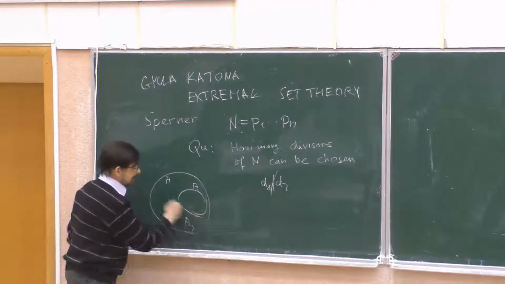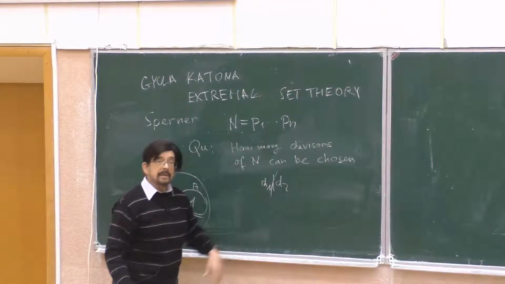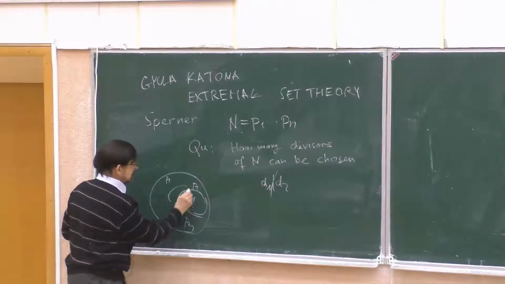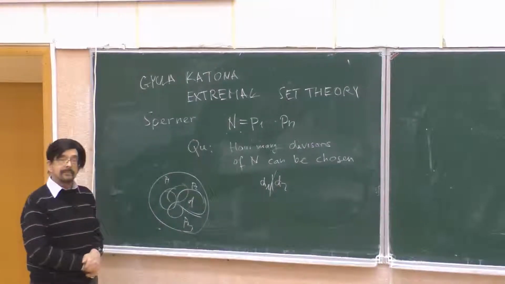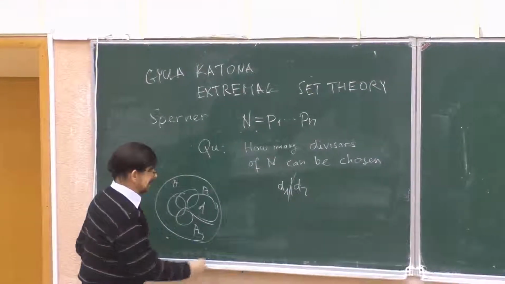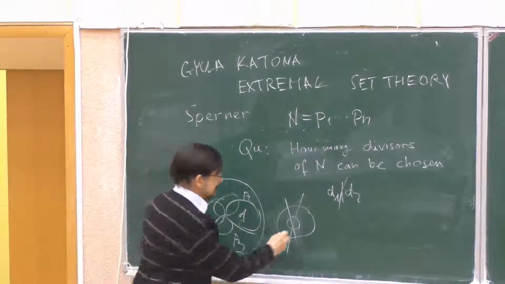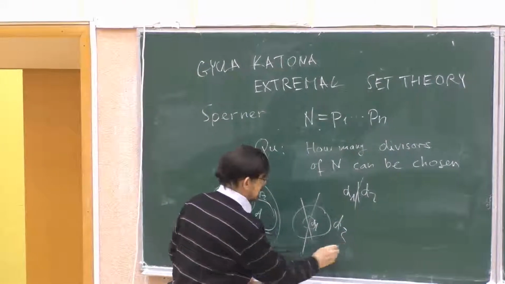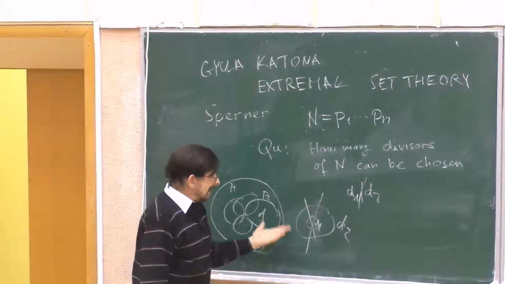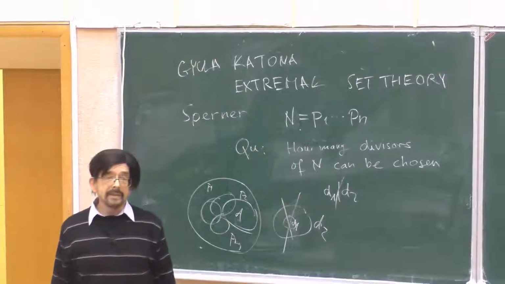So you have to choose many subsets in such a way that this condition is forbidden. Because if one divisor is a product of these primes and the other one is a product of these ones, then this will be a divisor of D2.